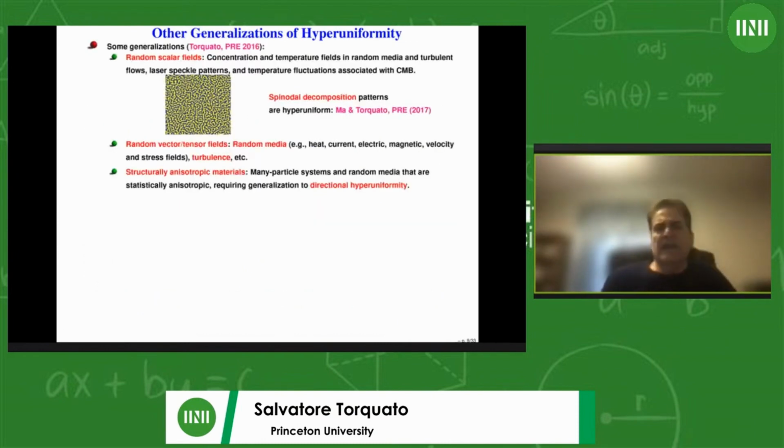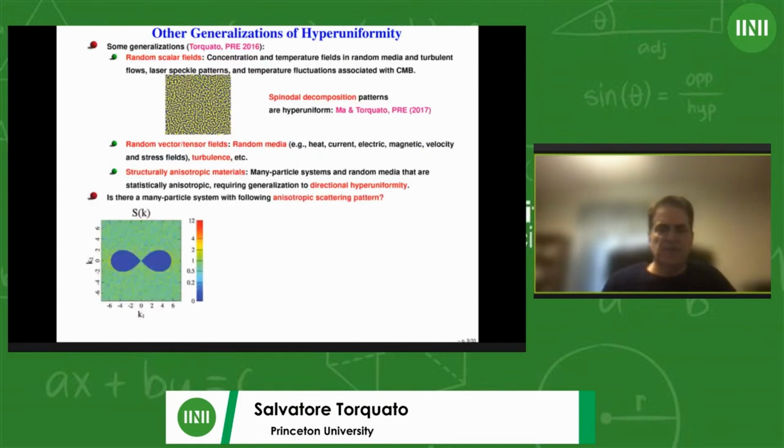Now, I want to say a few words about the fact that you can generalize hyperuniformity to many other situations. Random scalar fields. You can show, for example, that spinodal decomposition is an example of a disordered hyperuniform state. You can think about random vector fields and tensor fields, for example, vector fields that you would get in turbulence.